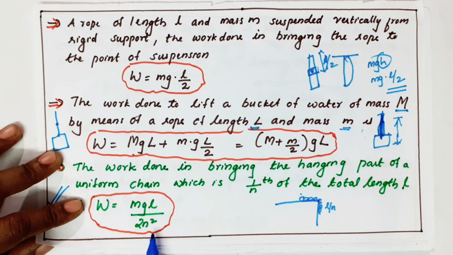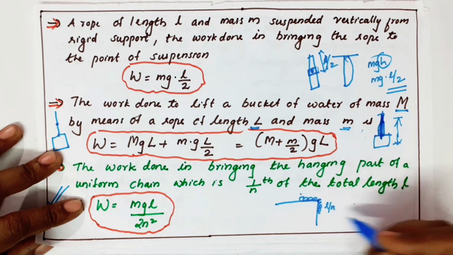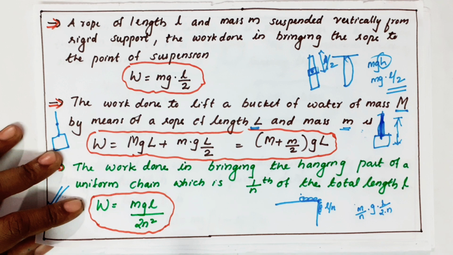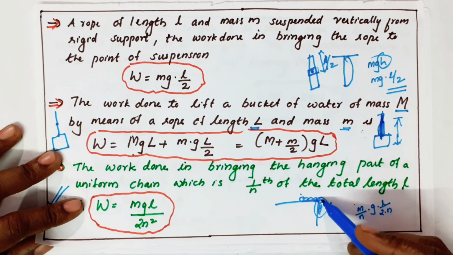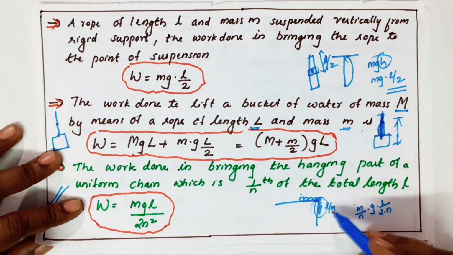How did 2n square come? Here 2 is coming because of our L by 2 concept. But how much mass is hanging here, that will be coming as m by n, g into L by 2 into L. So that is the reason we are getting mgL by 2n square. We have to take the mass of this part, and the center of mass of this part, that is L by 2n, and gravity.